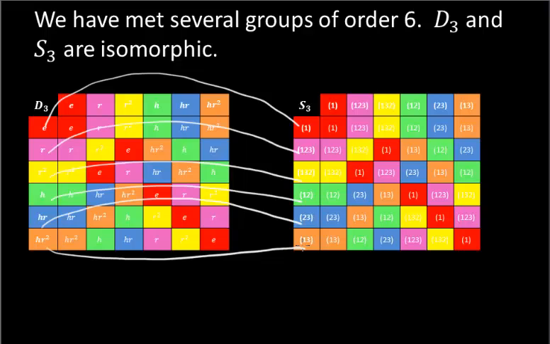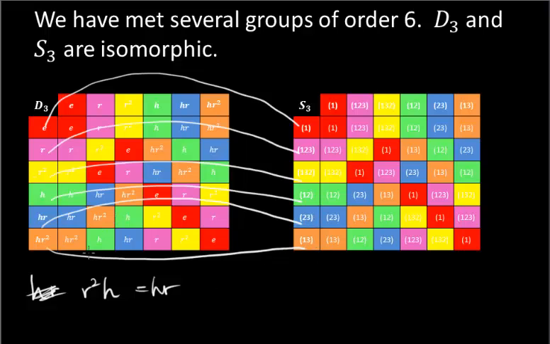In other words, if you multiply, for example, let's just take one. Let's take HR times, no, excuse me, let's do R squared H over here. So I go R squared on the left and over to the column with H, and I get HR.